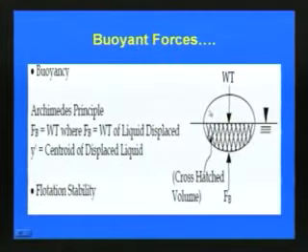With respect to this, you can see in this slide, if you consider the Archimedes principle, there is a buoy in a fluid. The hatched volume we can calculate. The buoyant force FB will be equal to WT, where WT is the weight of the liquid displaced.